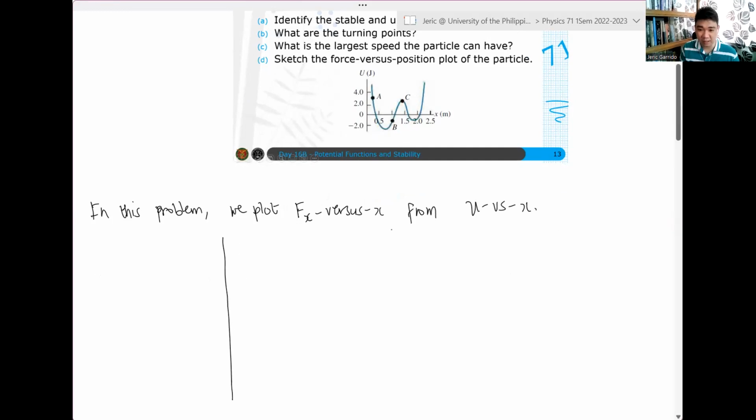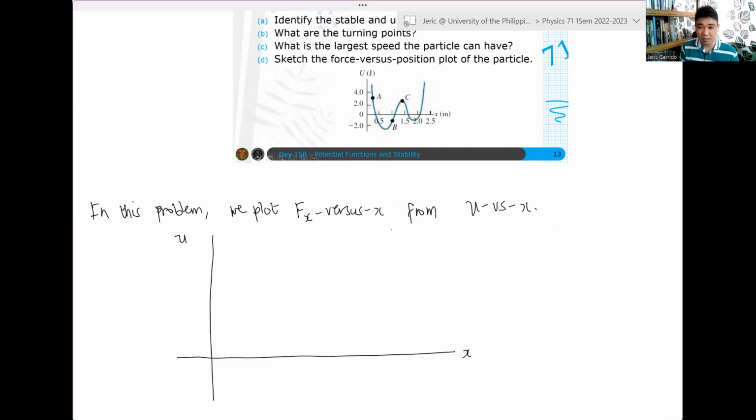So this is x, this is U. Tapos this is from 1 to let's say 5. So 1, 2, 3, 4, 5. Then I have 0.